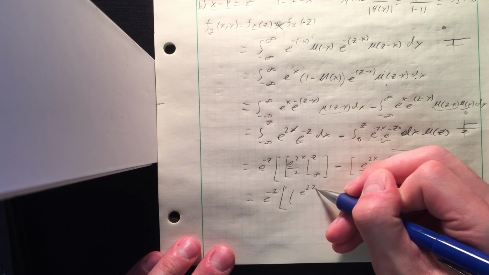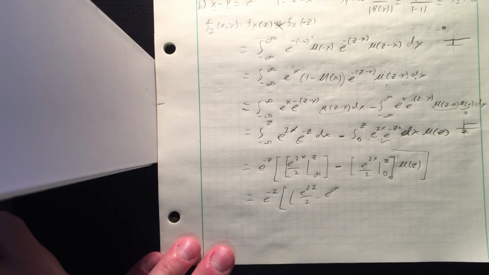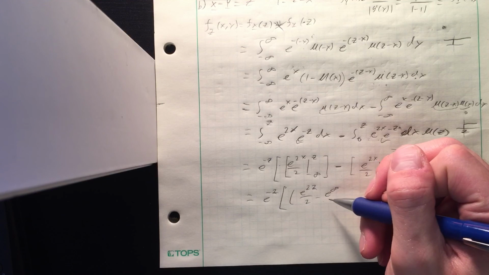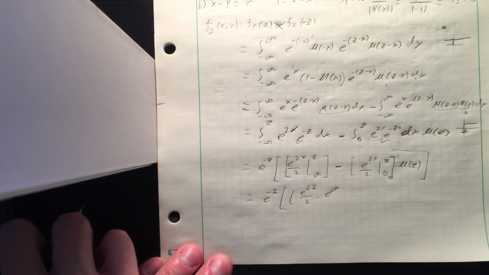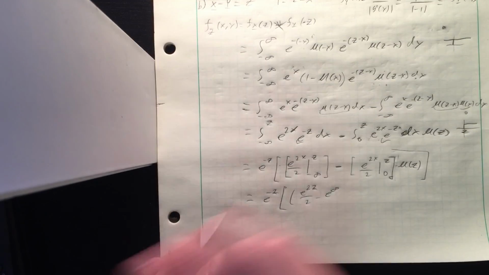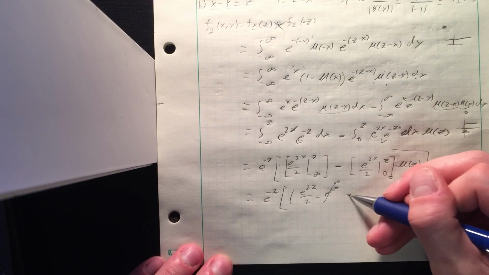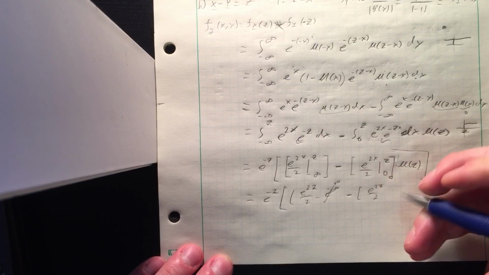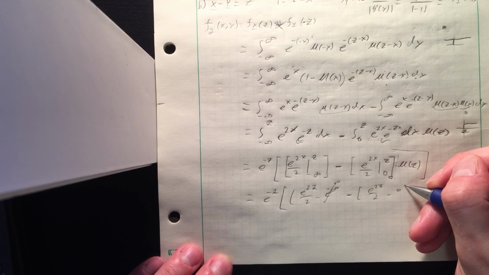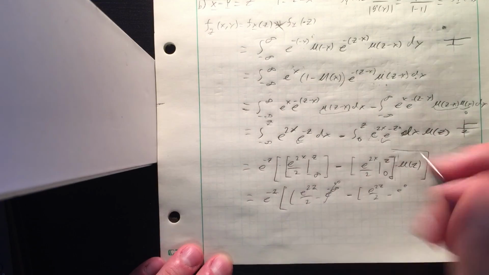E to the 2z over 2 minus e to the infinity, which is just negative infinity, which is 0. And then subtract e to the 2z over 2 minus e to the 0, which is just 1.